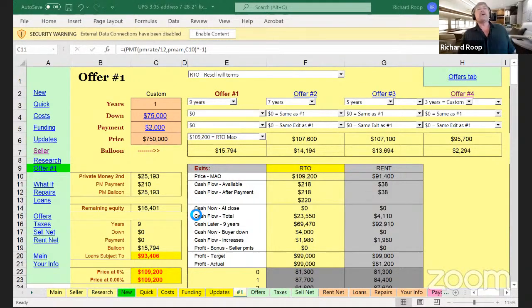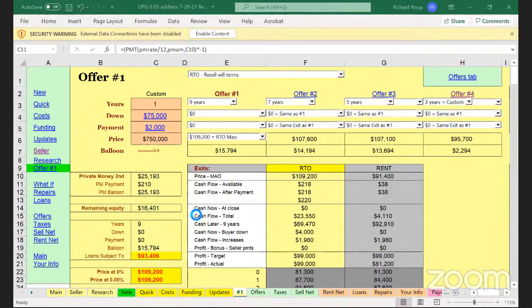In fact, I can actually pay you more than the 94. I can pay you $100,000. But what I would do is give you some of my profit down the road. Because I'm going to be making my money down the road. I'm not getting anything out of this property until then. If I play my cards right, I think I can increase the cash flow and create some cash flow. Right. All right.